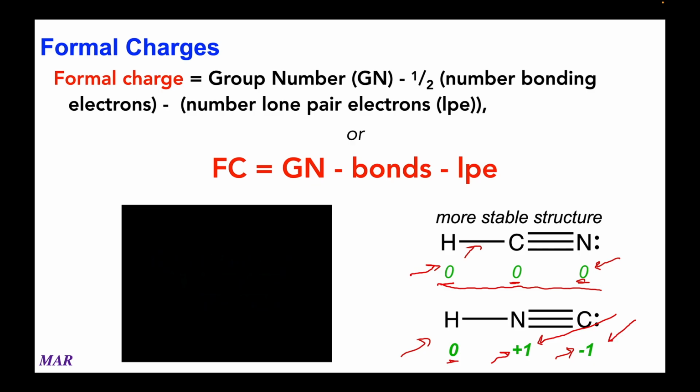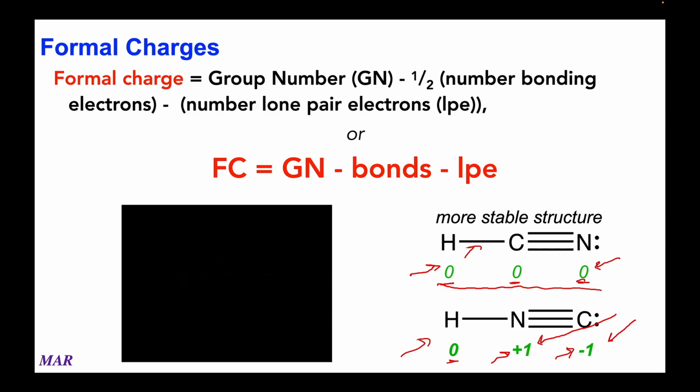Positives will attract other negative things, and negatives will attract other positive things. So that nitrogen with a positive one in the middle will start attracting negative things like chlorides or oxides, stuff like that. And on the other hand, that negative carbon on the far right, that'll start attracting positive things to it. So HNC, the hydrogen isocyanide, will be more reactive. It has more positive and negative charges to it.